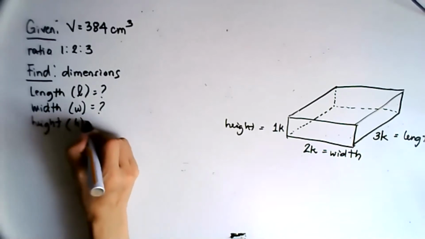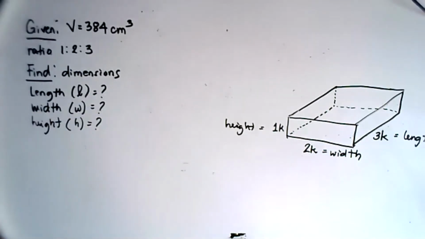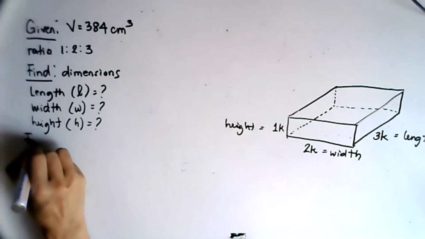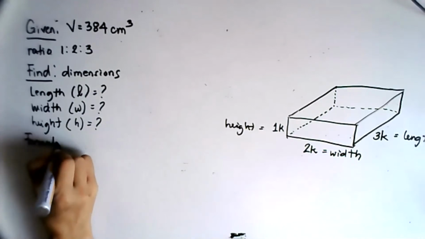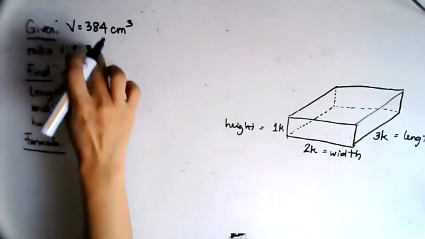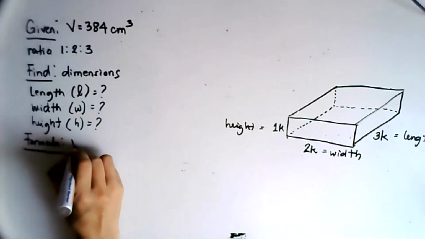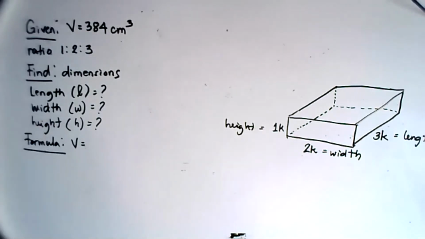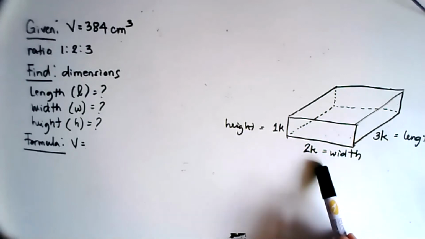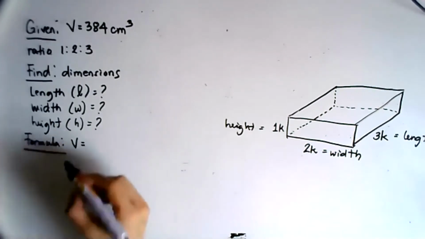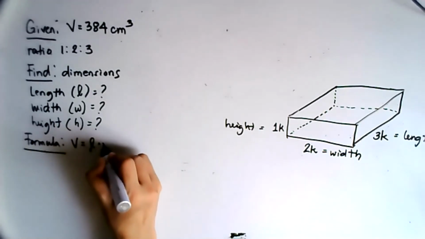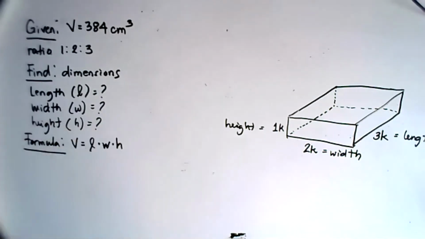Let's say that is H. So those are the ones that we have to determine. And then our formula, since we are given the volume: take note that the formula of the volume is simply length times width times height. Okay, so that is the volume.